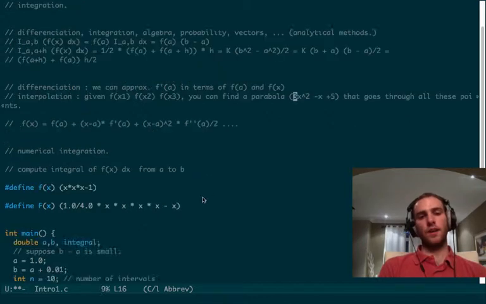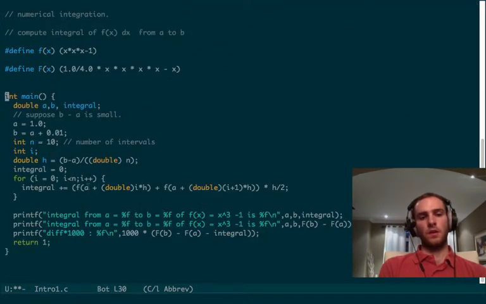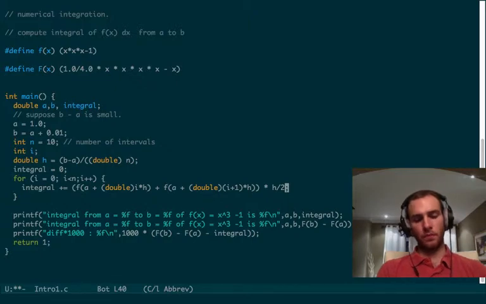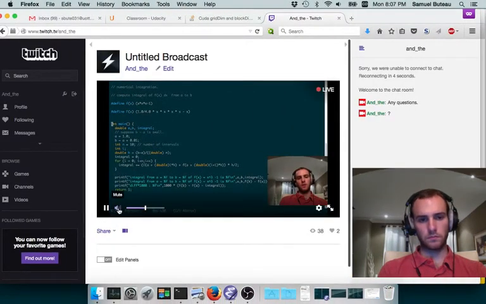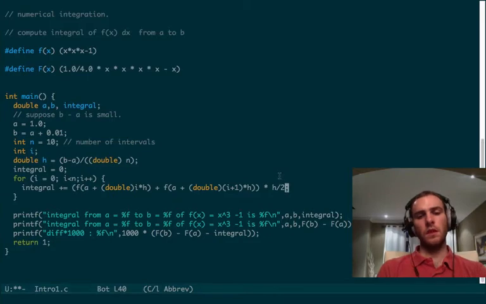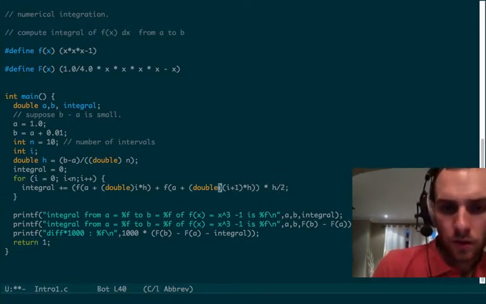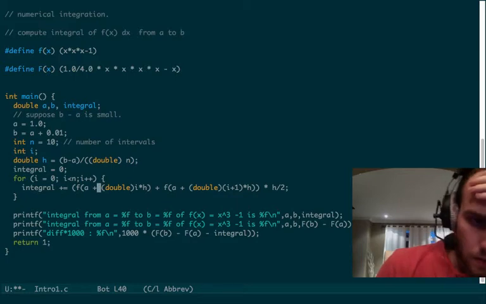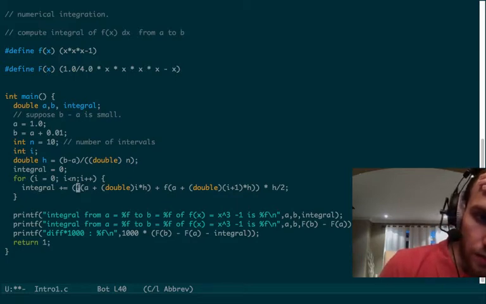Okay, so once you've got your formula like this, there are things you can do to make it work better. If you notice in this case, you will see that we compute f at a given point.